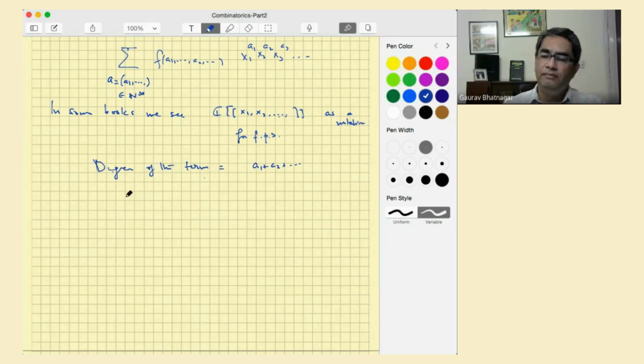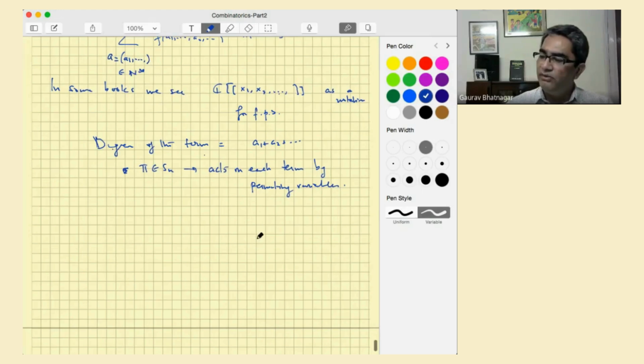Each term, again, same story. Pi belonging to Sn acts on each term by permuting the variables. So same story as before.